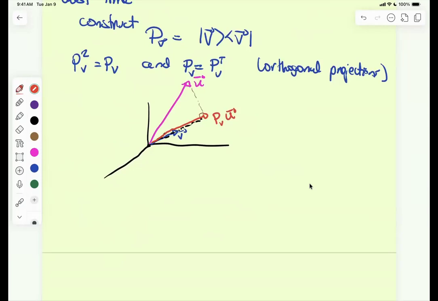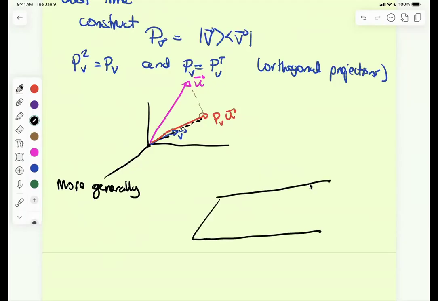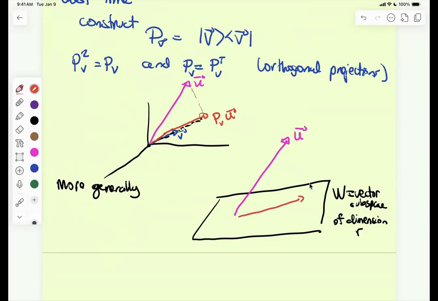More generally, if you have a vector subspace W of dimension R, and you have a vector U, and you want to find the projection onto that subspace, let's say this is the projection of the vector U onto the subspace W.